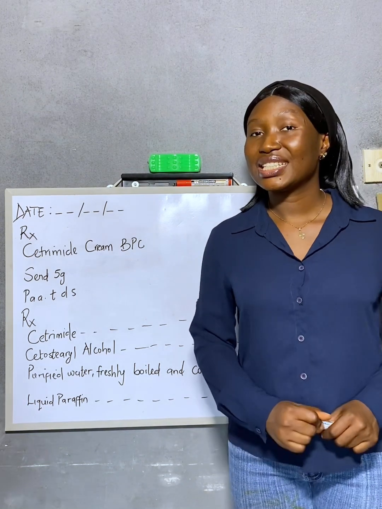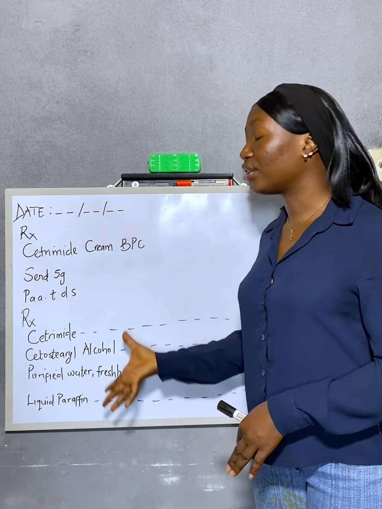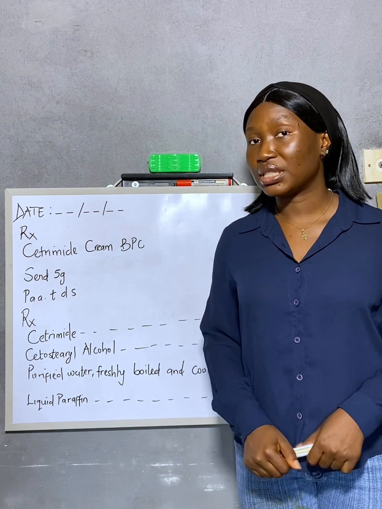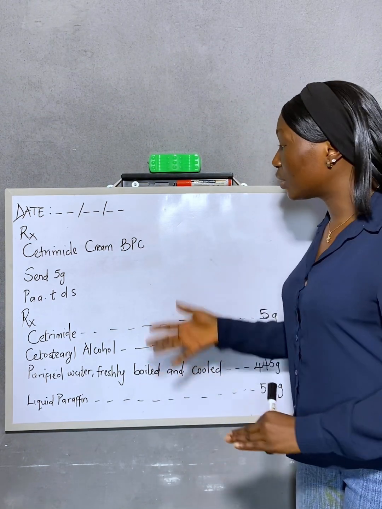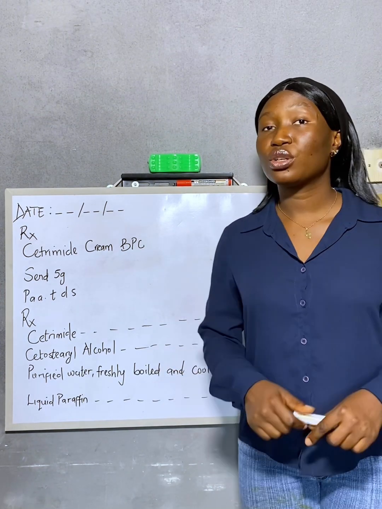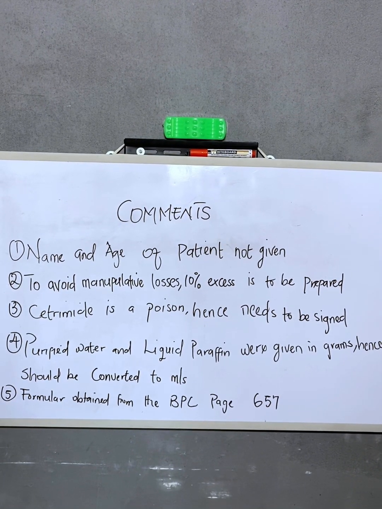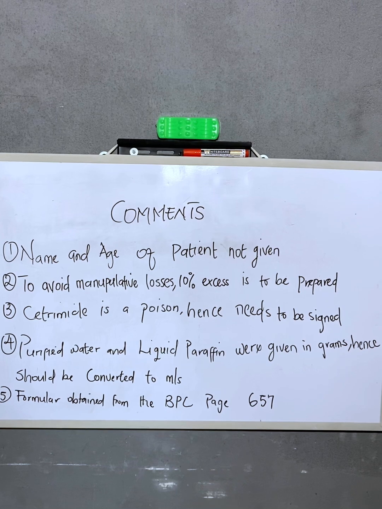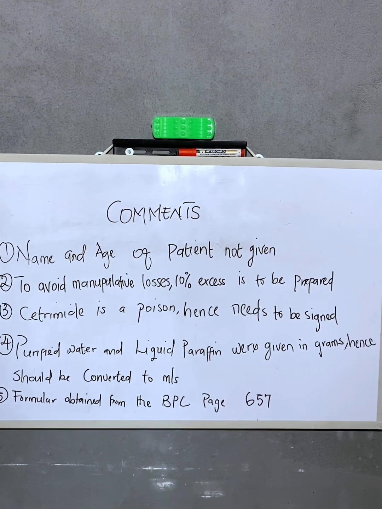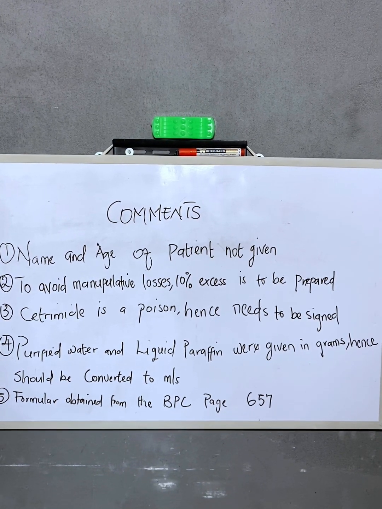Now, it is important that after writing your question and your ingredients as obtained from the BPC, you closely look at what you have, as you can obtain some of your comments from here. Now, these are our comments. Comments are necessary because only when they are approved can you carry on with your preparation.